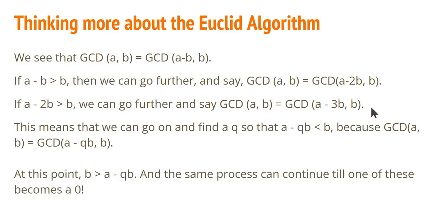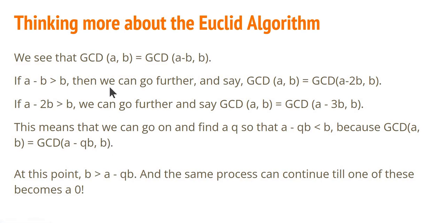Well, what this means is that, in fact, we can go on and find that Q, all right, find that Q where for the first time A minus QB becomes less than B. Because in that case, GCD of A, B is basically GCD of A minus QB and B. Q is presumably more than 1, right? So it could be 2, 3, 4, whatever, right?